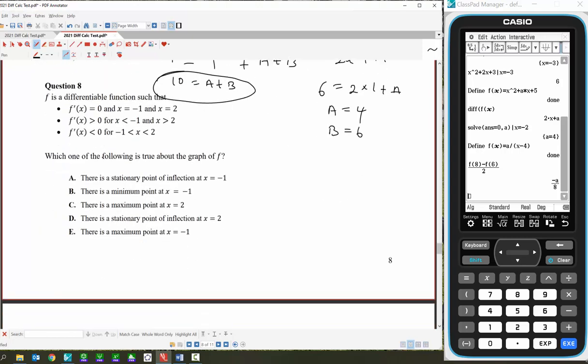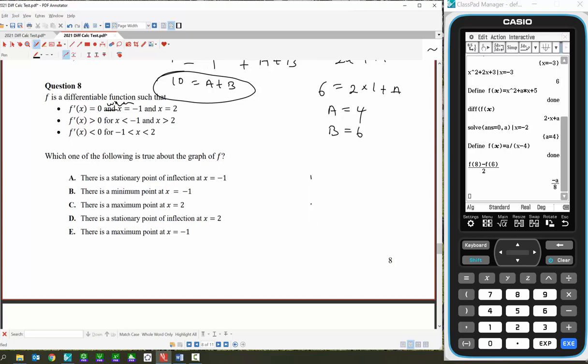Okay, f is a differentiable function such that the gradient is 0, f dash x equals 0, and okay, I think this should really read when the gradient is 0 when x equals -1 and x equals 2.